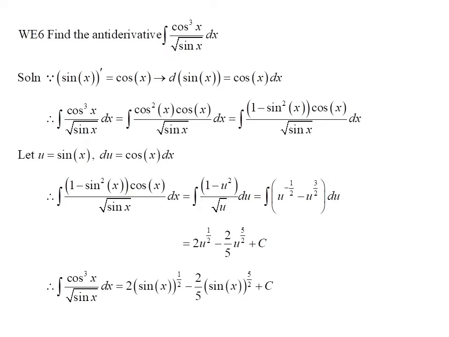After substituting back to the variable x, the antiderivative equals 2 square root of sine x minus 2 over 5 times sine x, in parentheses, raised to the 5 over 2 plus c.